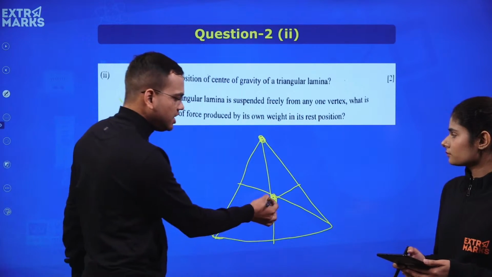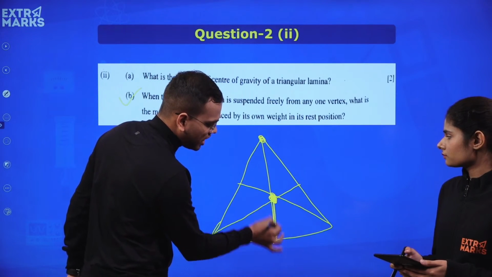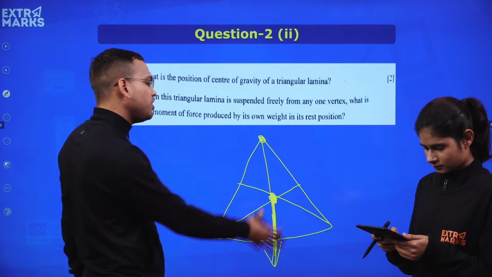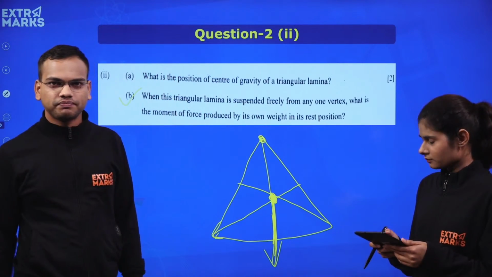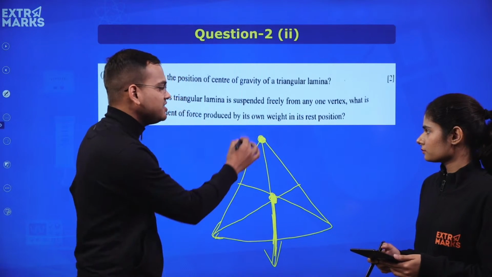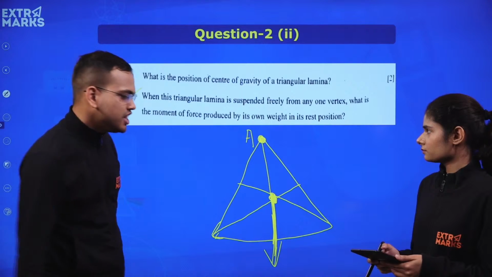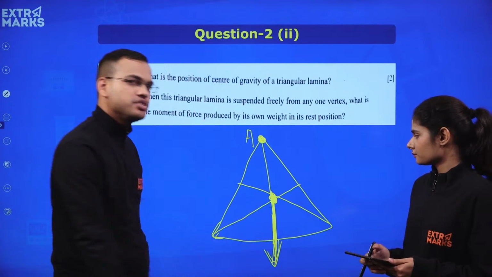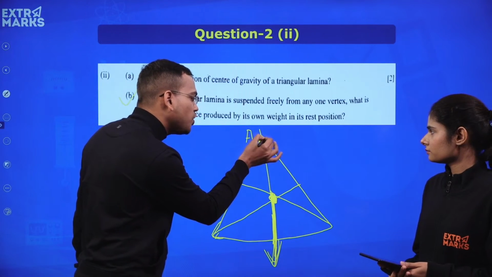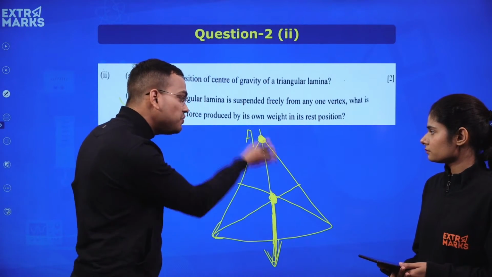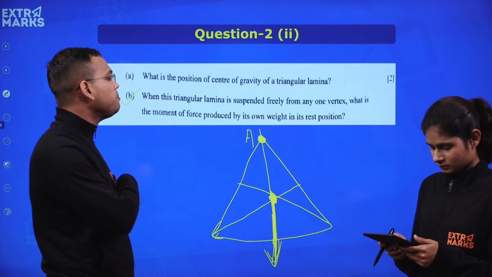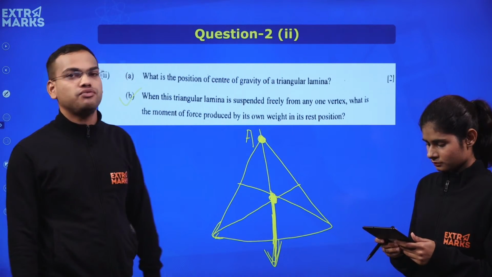Center of gravity is also the point at which the entire weight of the body can be assumed to act. If the lamina is suspended at point A, then the weight acts along this line. The distance between the line of action of force and the point of rotation is 0, so the moment of force will be 0.